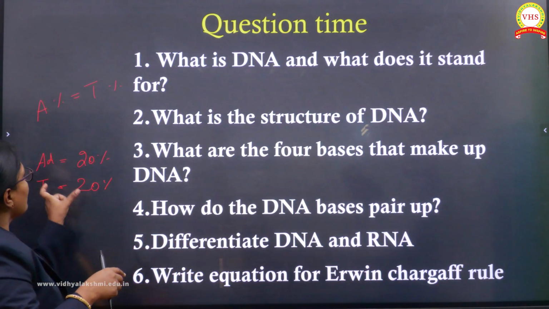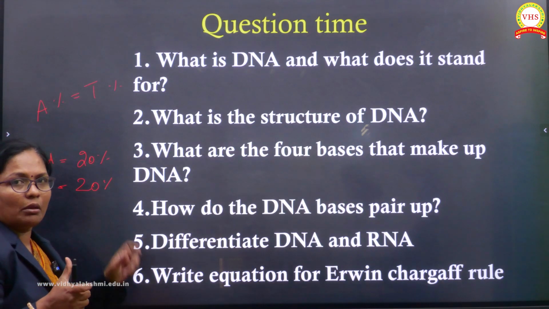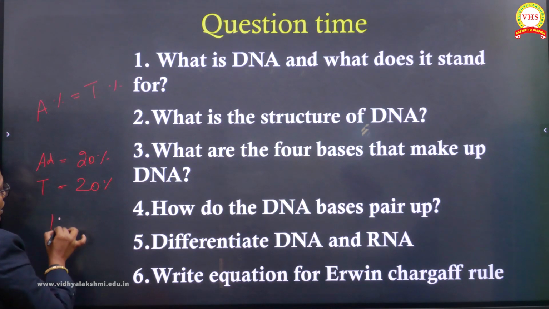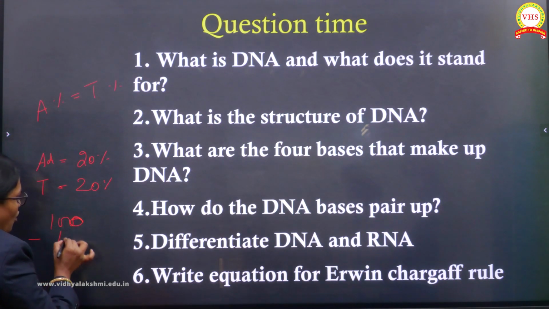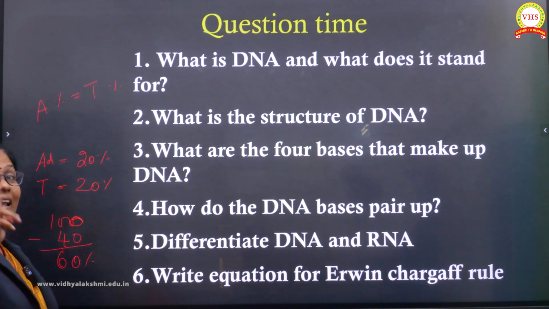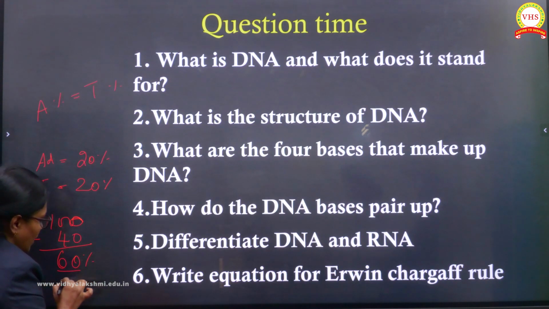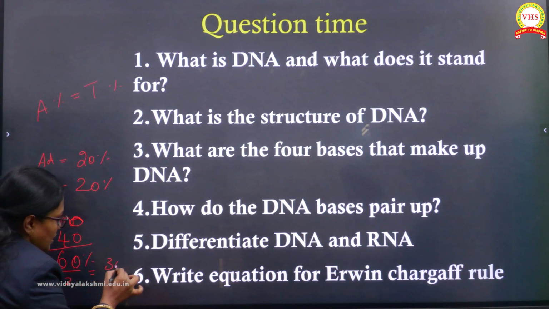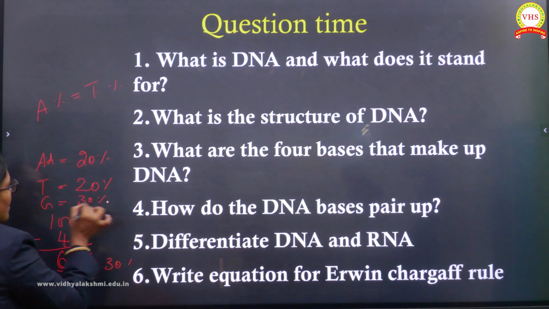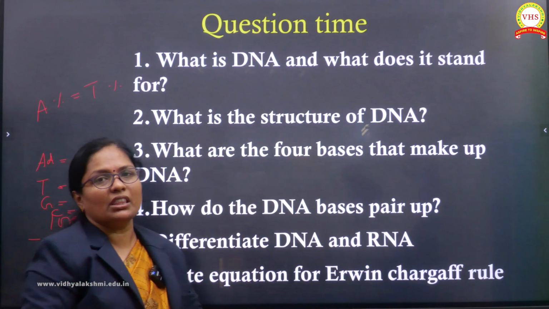So adenine number will always be equal to thymine number. In 100%, if 40% is removed, 60% remains for the 2 other nitrogen bases. So 60 divided by 2 is 30%. G is 30% and C will also be 30%. That's how we do the calculation.